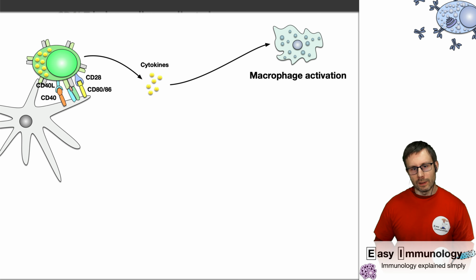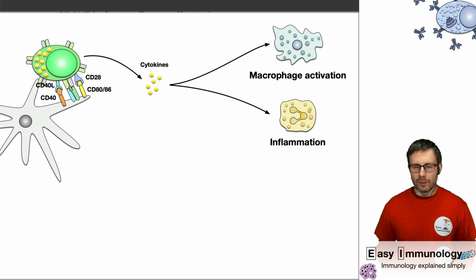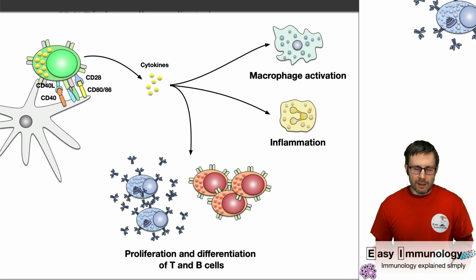And they can activate, for example, macrophages. These are cells that are able to phagocytose, to eat up the pathogens and destroy them and induce inflammation. Also, neutrophils, as we learned in the first lecture, are very important cells that induce inflammation. And they can also activate the other kinds of T cells, the cytotoxic T cells.